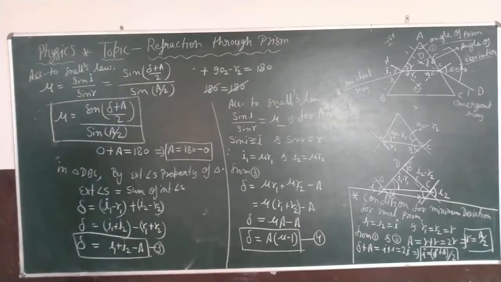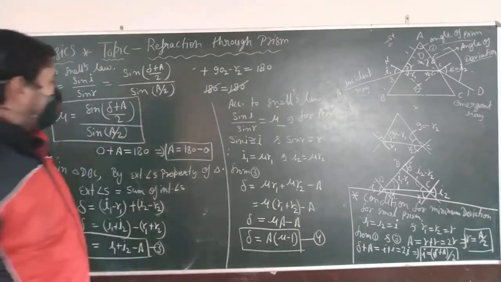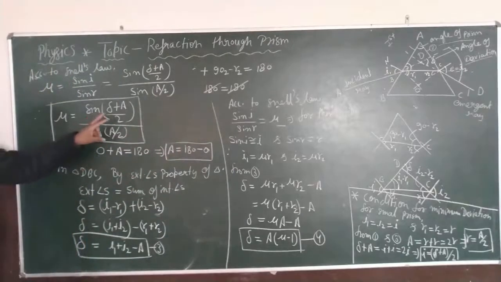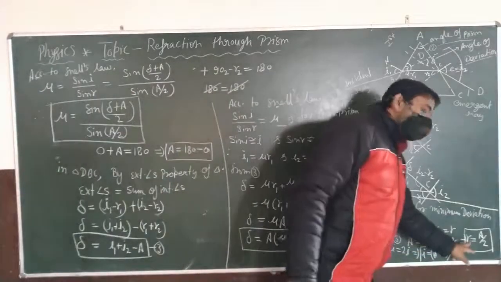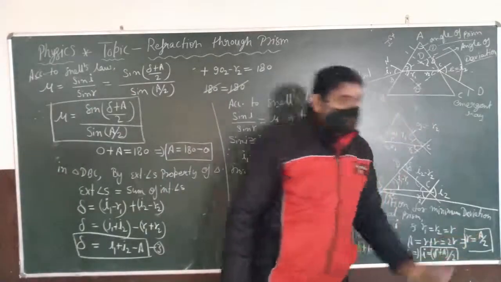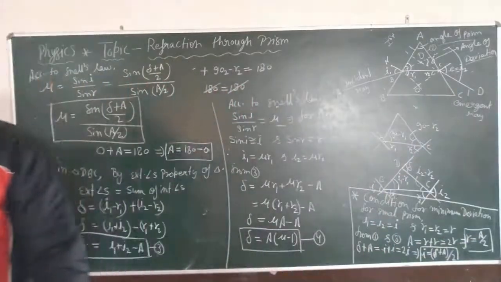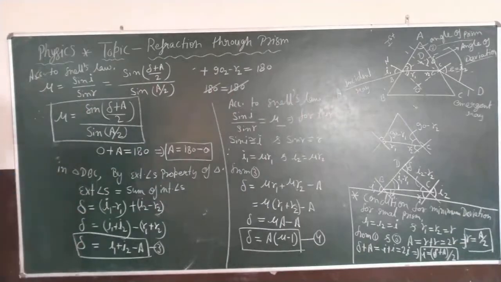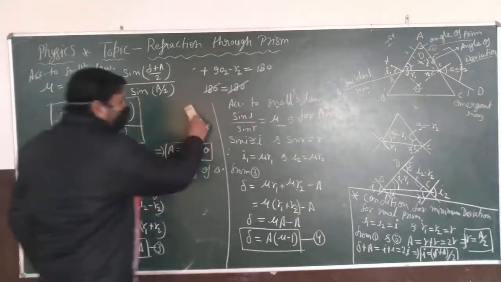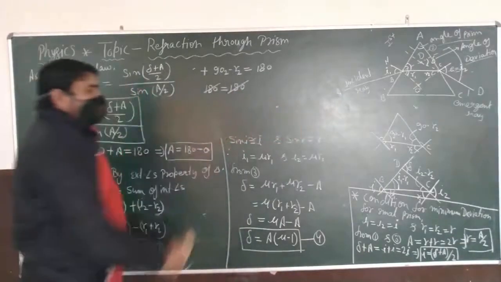Okay, now when we draw the graph for del and angle A, by using different values of R and I, or different values of incidence angle, we will get different values of deviation.